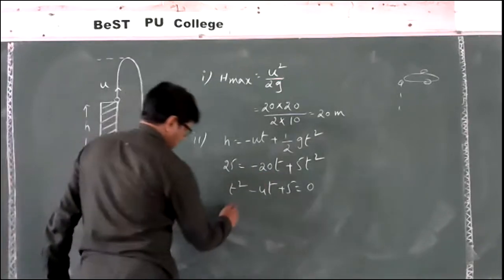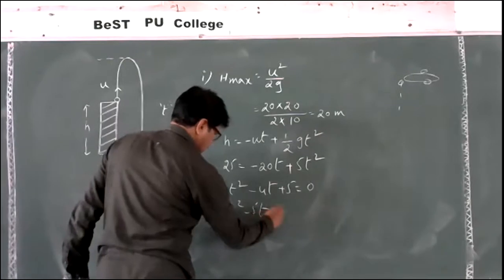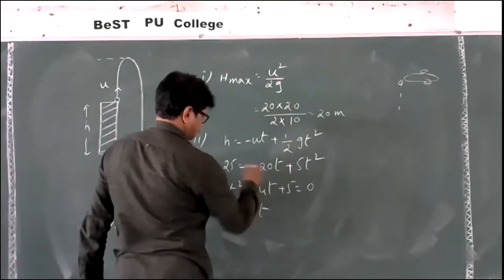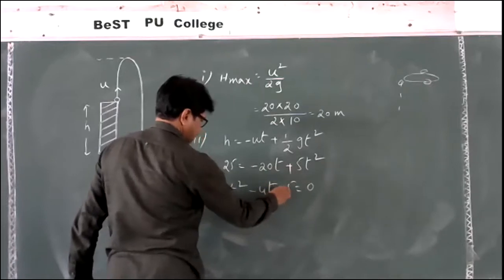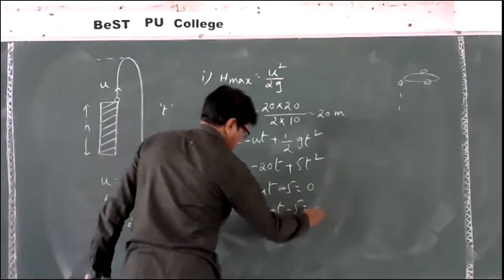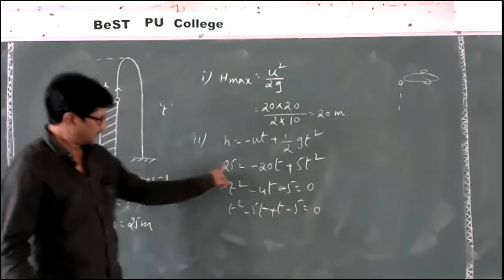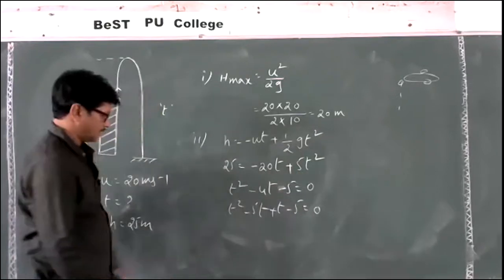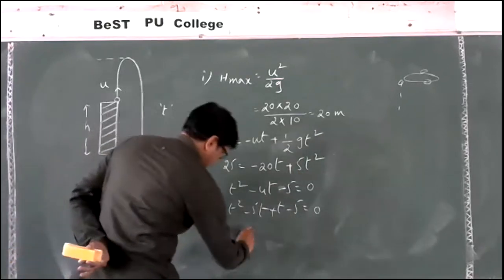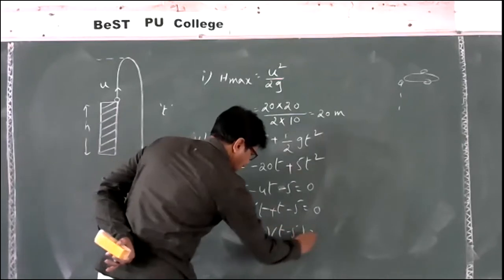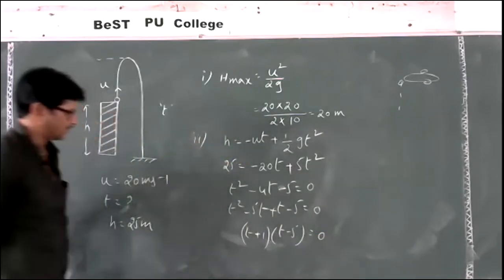So the answer will be t square minus 5t plus t minus 5 is equal to 0. Then t plus 1 into t minus 5 is equal to 0 if you further take factors.